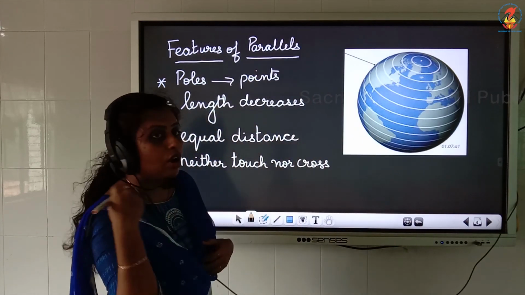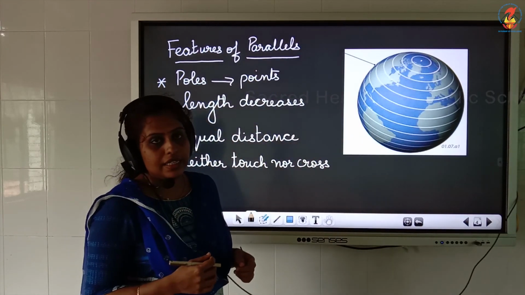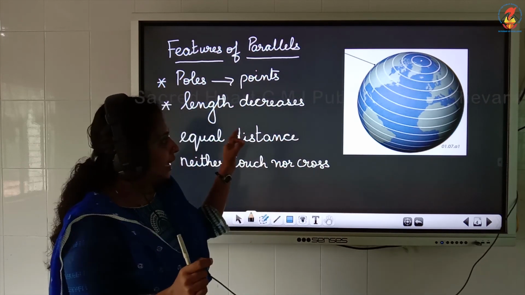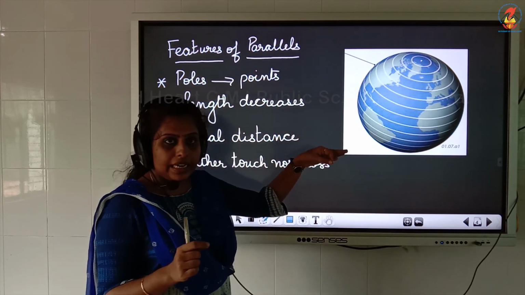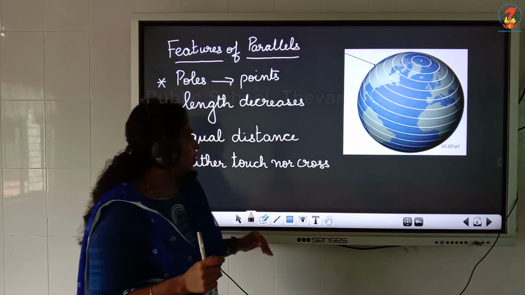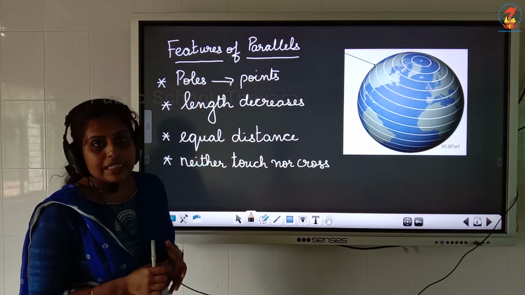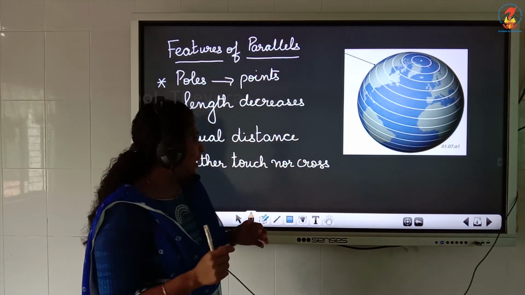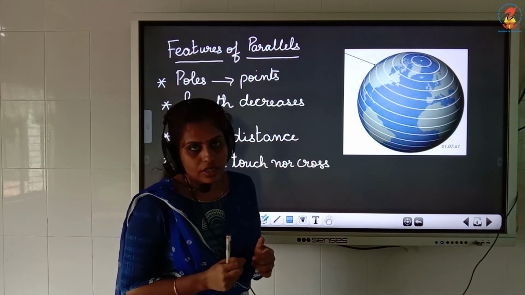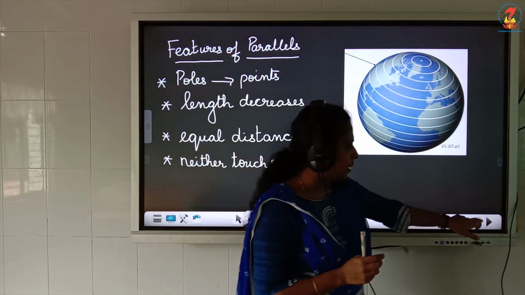Then we learnt about the features of parallels. North Pole and South Pole are just points. The length of the parallel decreases as they move away from the equator. They all are placed equidistant at 1 degree. Neither of the parallels touch or cross each other. They stand independently.